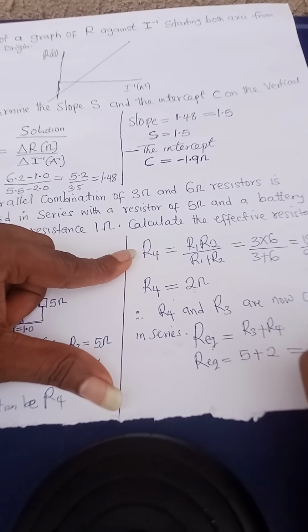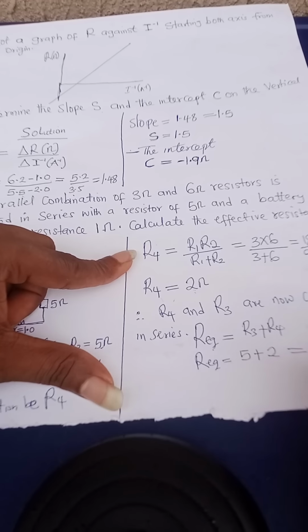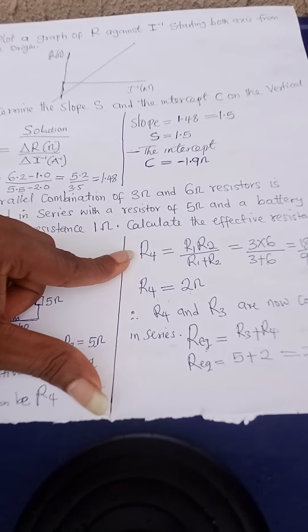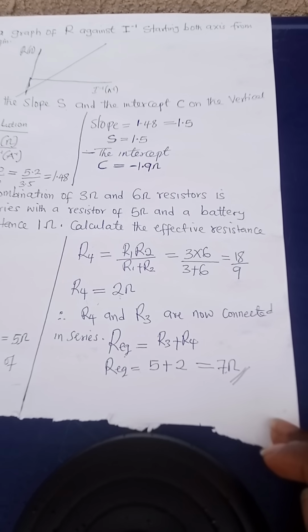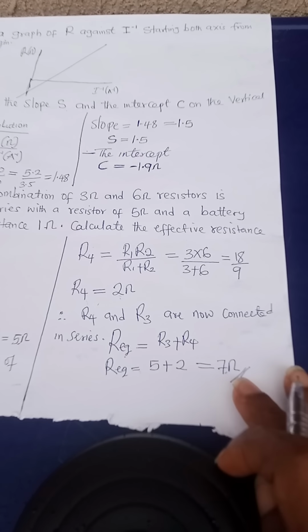So the final answer is equal to 7 ohms. This is the correct solution for question number 3. It's 7 ohms. This is how you can solve number 3.